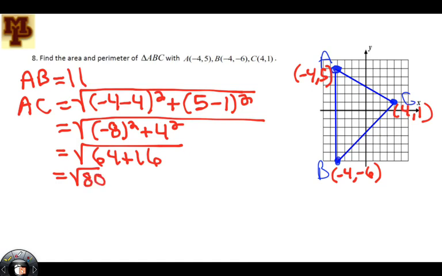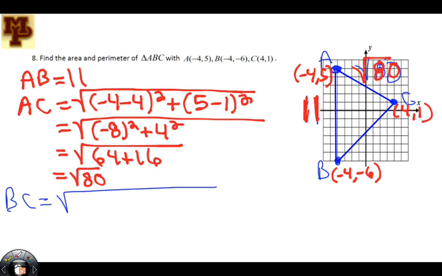Okay, so this one is square root of 80, and this one we said was 11. So 11, square root of 80, and then we need to do BC. So that's the square root, and we need to subtract those x's.